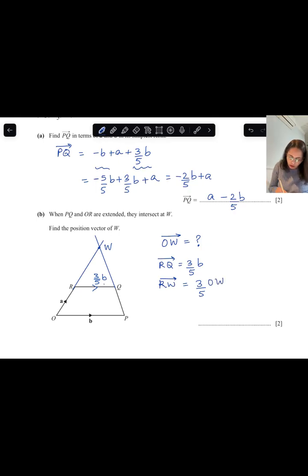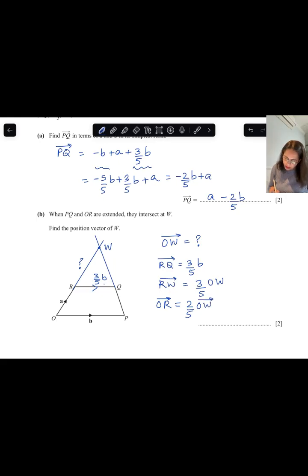But we don't know what RW is, so it makes sense to think about taking OR. If R is 3 parts out of the total 5, this has to be 2 parts, right? So it is going to be 2/5 of OW.